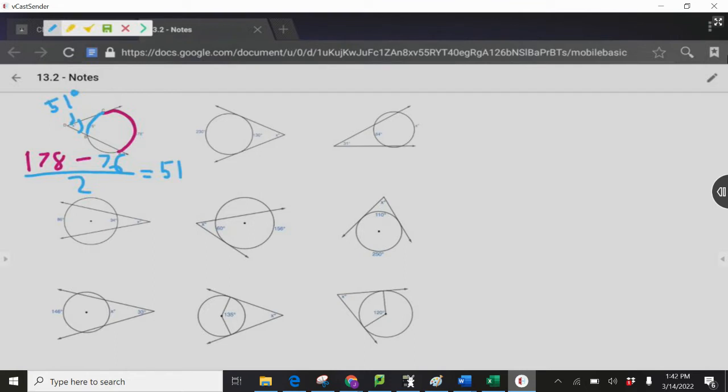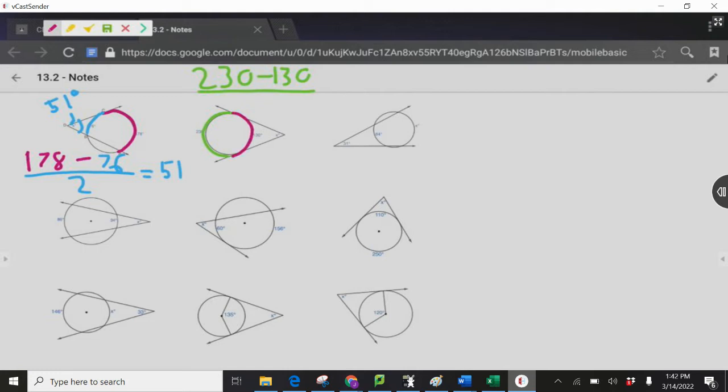Try out that second one real quick. It should only take you 30 seconds or so. Now, Ryland, as I do this, 230 minus 130, take the major arc minus the minor arc.